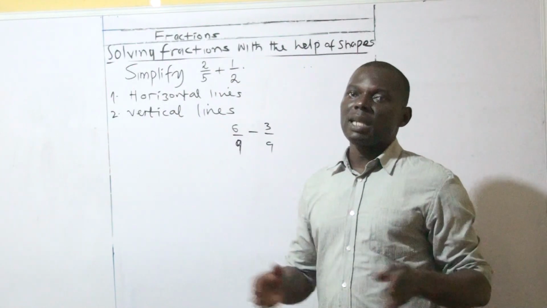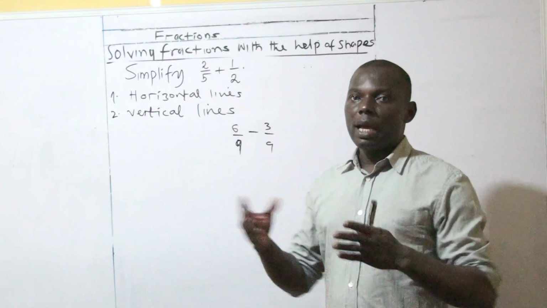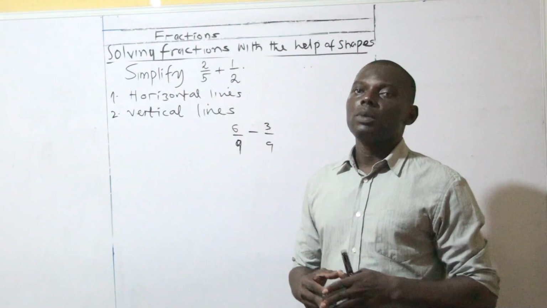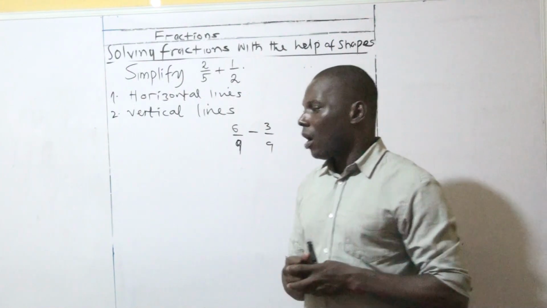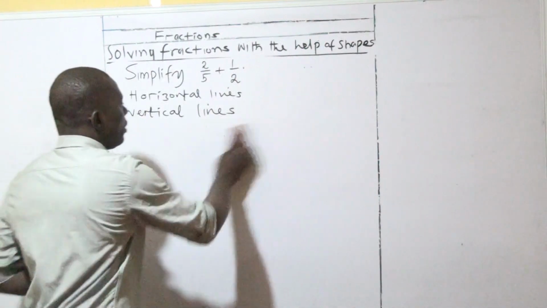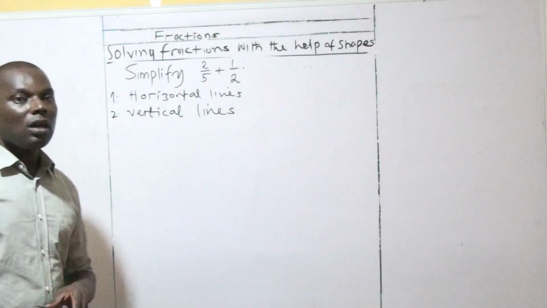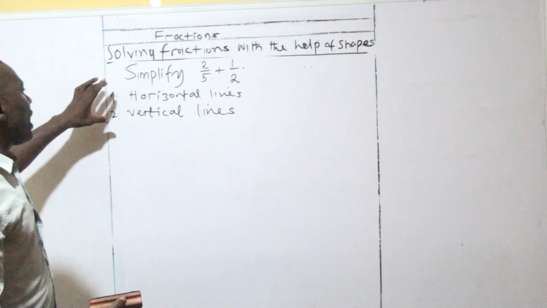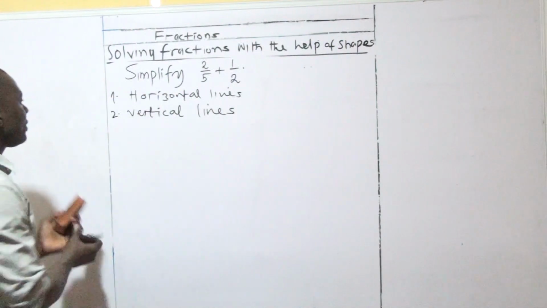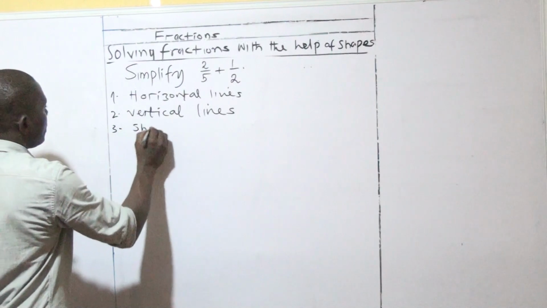Now, the essence of this class is for us to use our shapes and lines to achieve this without difficulty. Okay? Now, what do we do here? If you are given a fraction like this, the first thing we have to do is make use of horizontal lines, vertical lines, and thirdly, shapes.